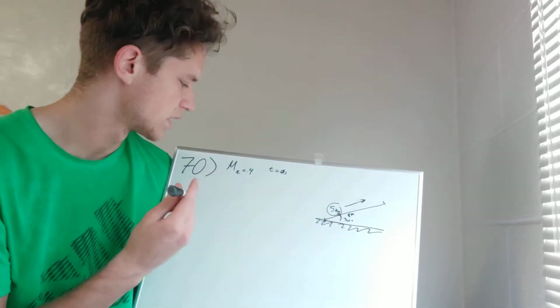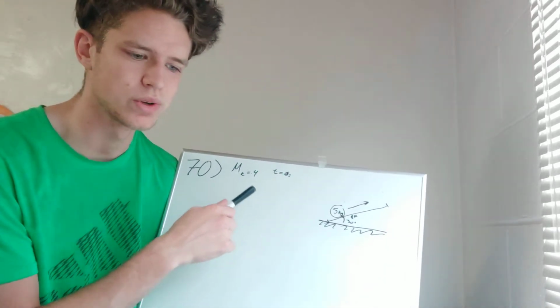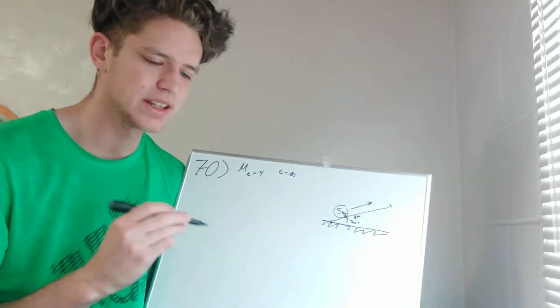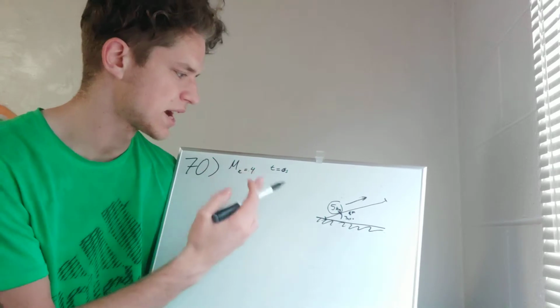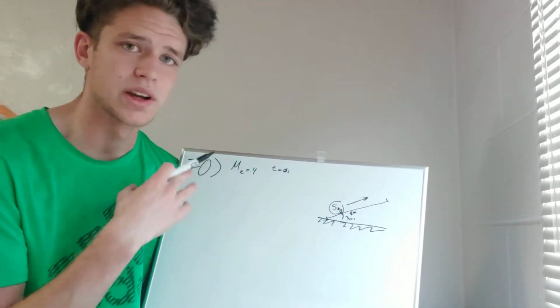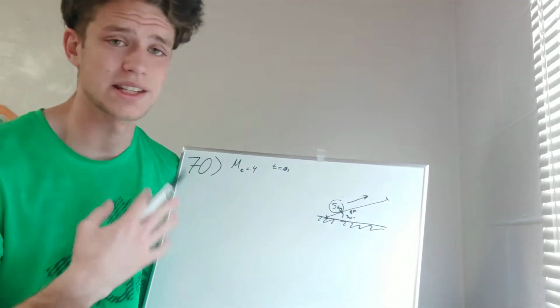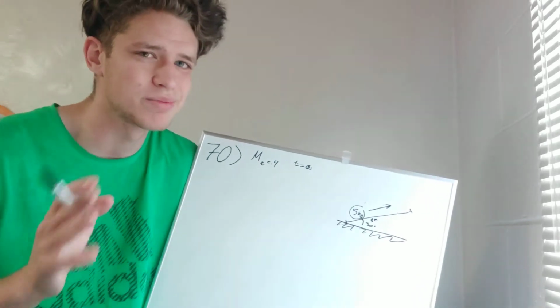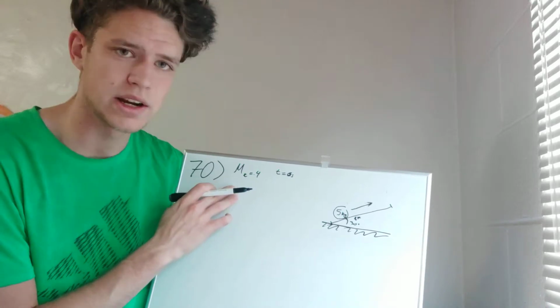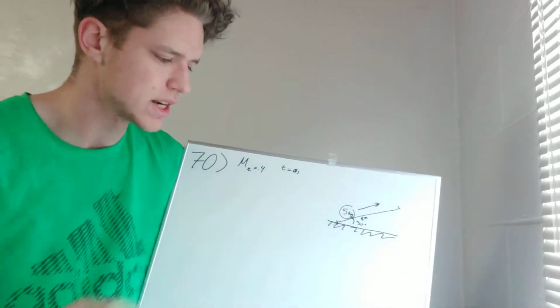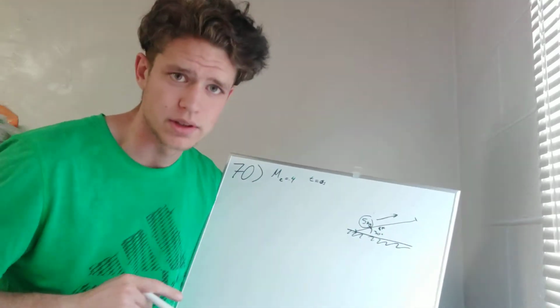I doubt that 0.02 is going to make a difference, and if it did, then we wouldn't be able to get it to the top in exactly 6 seconds. With the constant force, it would be less than 6 seconds, and at that point you could pick any number you want. As long as it's big enough, you'd probably be safe. So we're just going to focus on the kinetic friction, ignore the static friction, and pretend it doesn't exist because I don't want to deal with that.